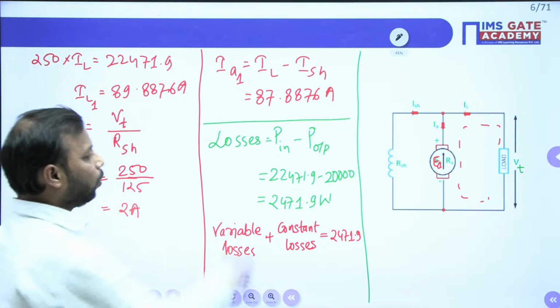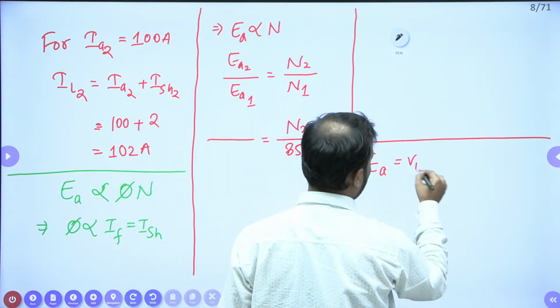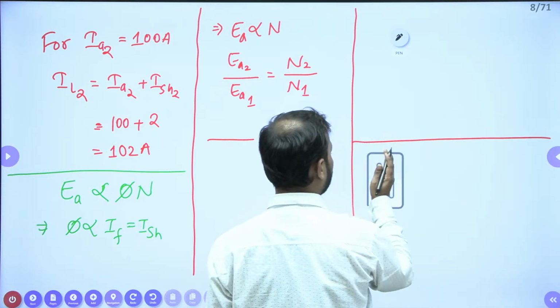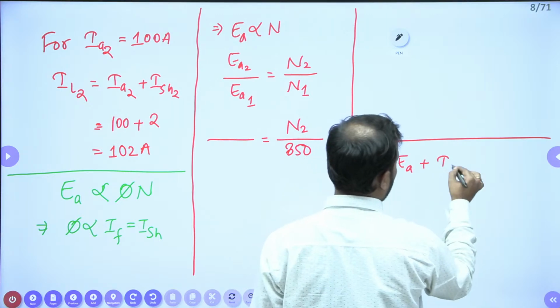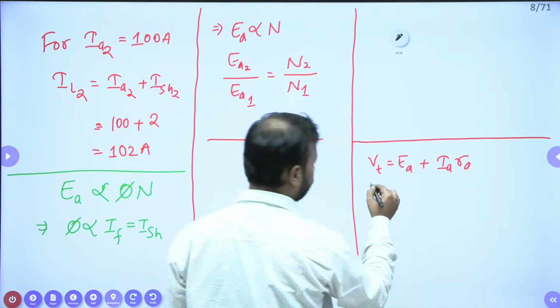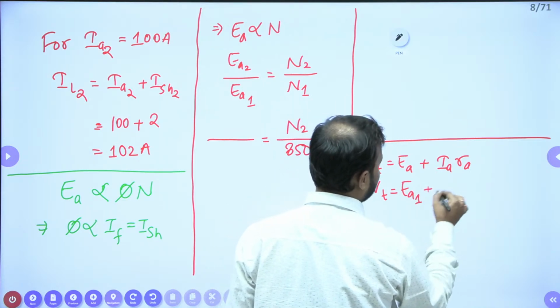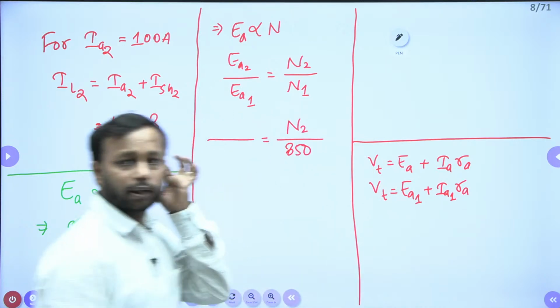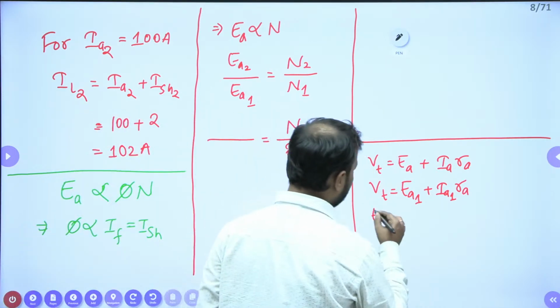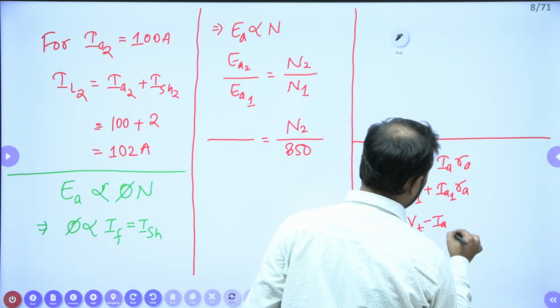So VT equals EA plus IA RA. VT is constant, and RA is constant. So from here we can calculate EA1, which is equal to VT minus IA1 RA.